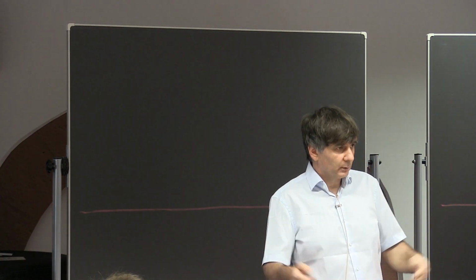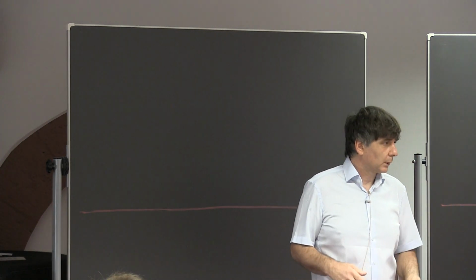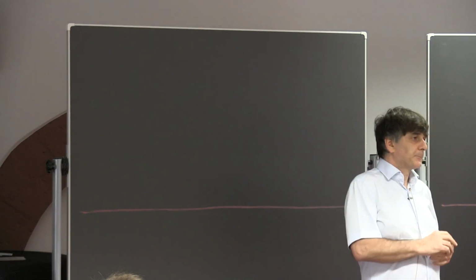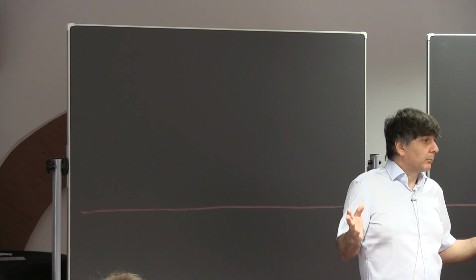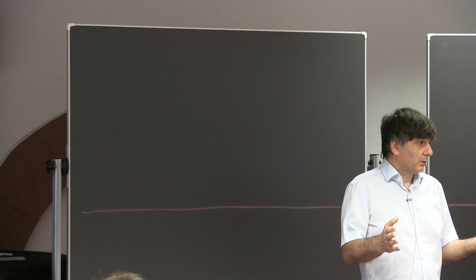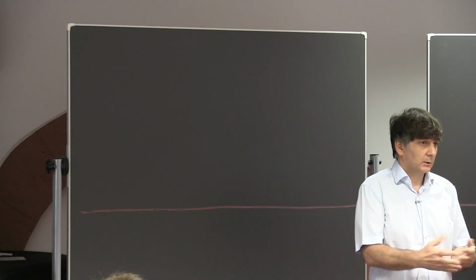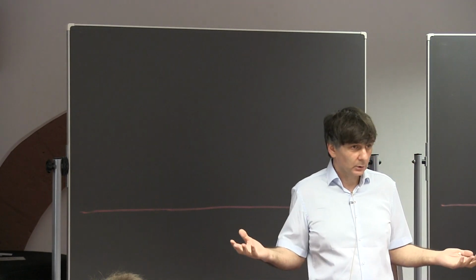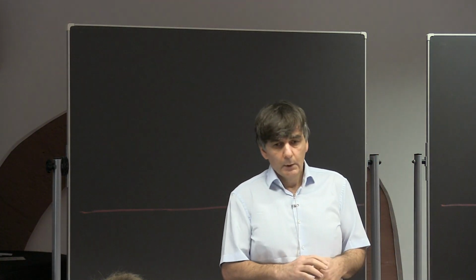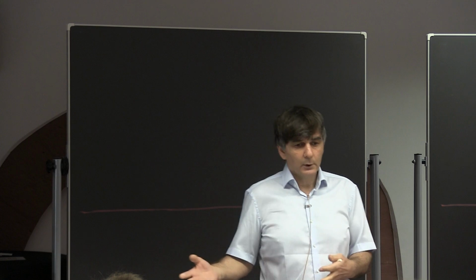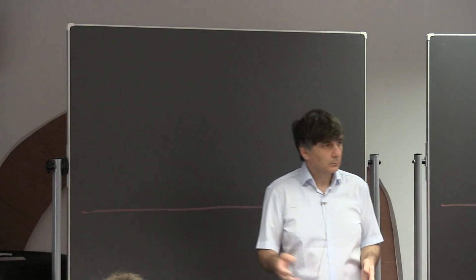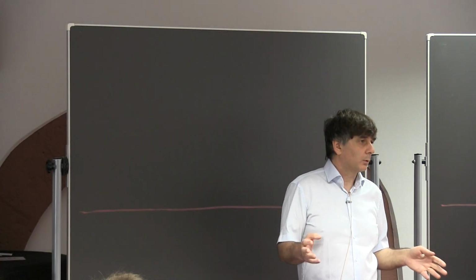So sound waves are good degrees of freedom. But if I change the length scale of my description, if I go to distances much shorter than the intermolecular distance, then sound waves are no longer good degrees of freedom. So the description in terms of sound waves breaks down. It's not a question of being wrong or right.